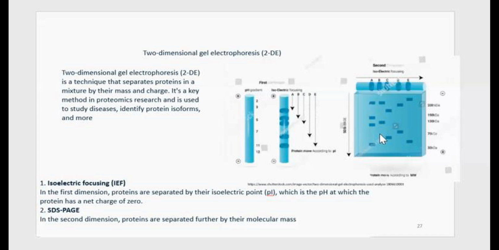Then they are laid along the length of the gel on either side, and then you are going to apply the electric current. Now a potential difference is going to get generated, and the ampholytes will form a pH gradient between the anode and the cathode. So once you have set the gel, you have to apply the current, let the ampholytes migrate, let the ampholytes form the pH gradient, and then you are going to turn off the power.